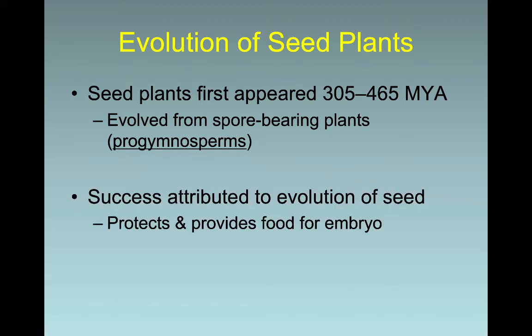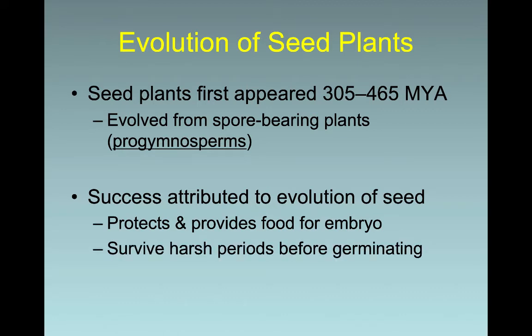Now, the seed itself, and I talked about this in a previous section, the whole baby plant in a box with its lunch, allows protection for the embryo. All right, so protection from all kinds of environmental factors, from heat, from cold, from desiccation or drying out, from herbivores, from UV light, all kinds of things can be protected against if you actually have a seed coat around the embryo itself.